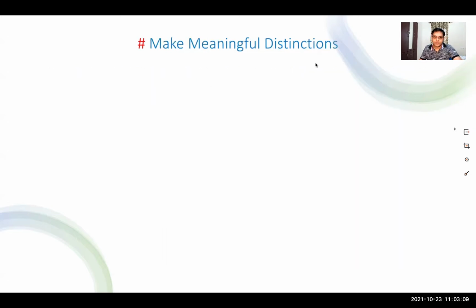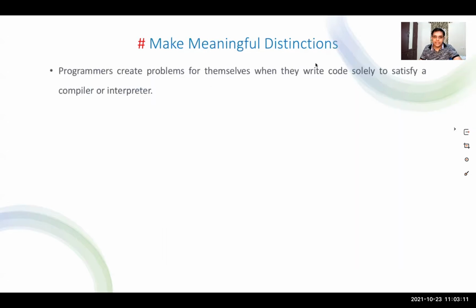Okay, so this is one particular thing, and now make meaningful distinctions. We programmers create a lot of problems for ourselves when we write code solely to satisfy the compiler or interpreter. That's what I said earlier. We want to satisfy the compiler. The compiler will be satisfied if it is a distinct name, but it may not be a meaningful distinction to a programmer.